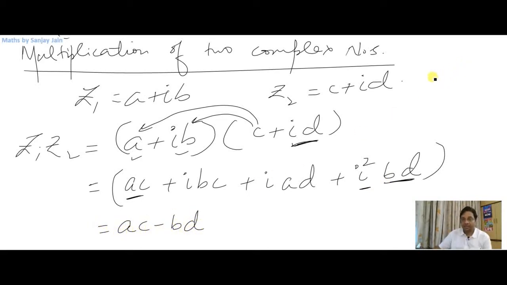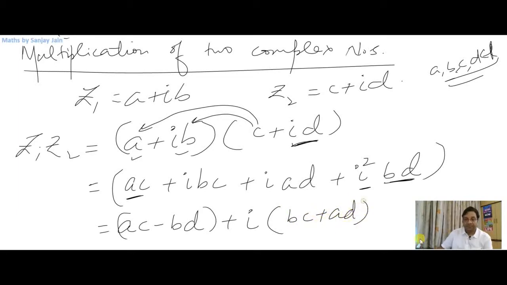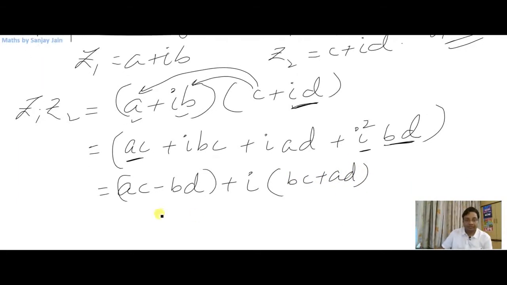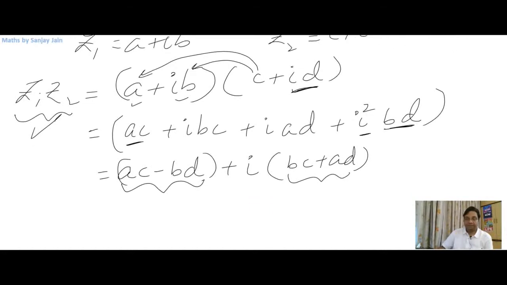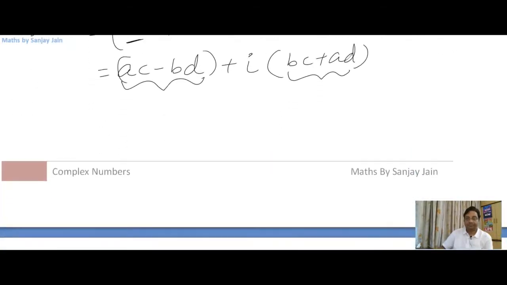Of course, I know that a, b, c, d are real numbers, this I clarified in the beginning. So ac minus bd, and if I take iota as common, I can write bc plus ad here. So this is the real part of this complex number z1 into z2, and this is the imaginary part of z1 into z2. So this is how we will perform multiplication of two complex numbers.